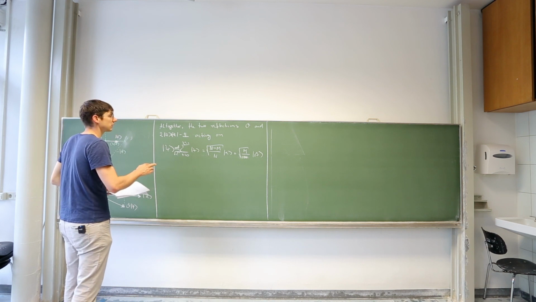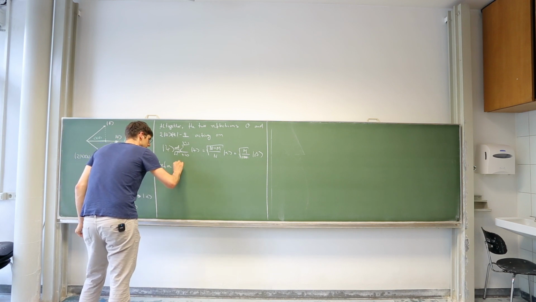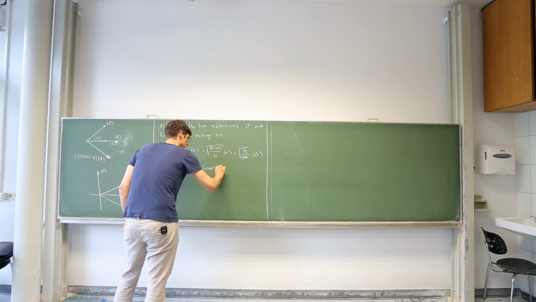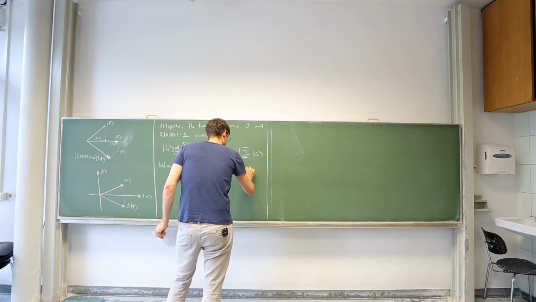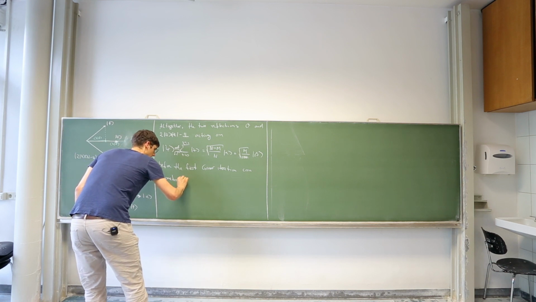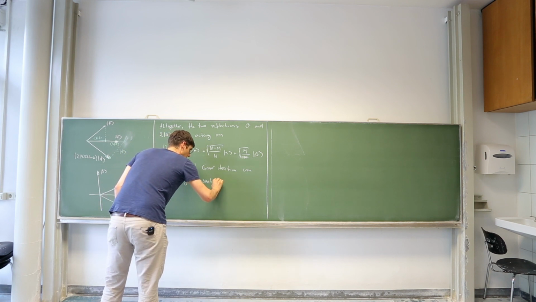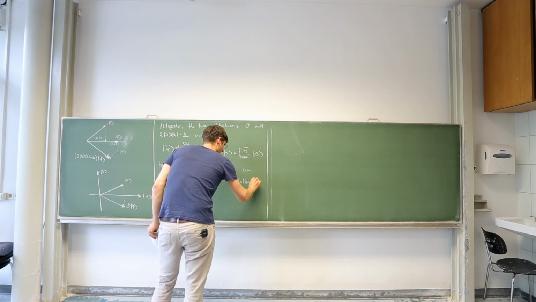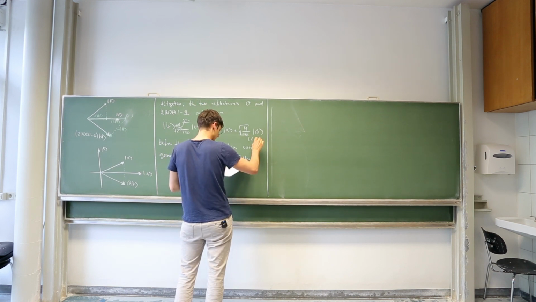So acting before the first Grover iteration can geometrically be visualized as follows. So this is equation 143.